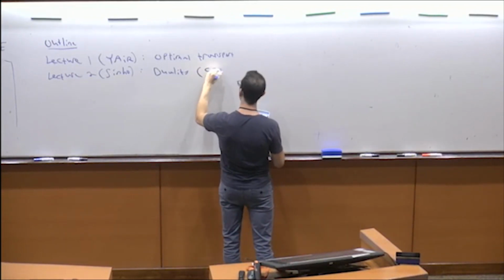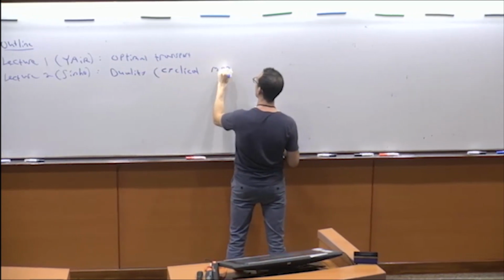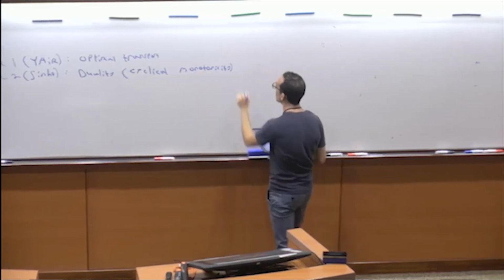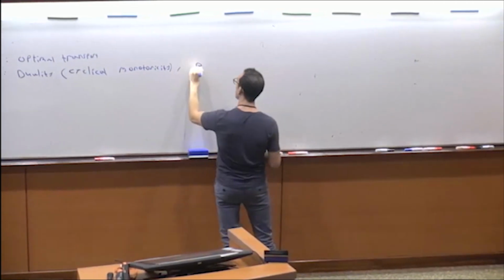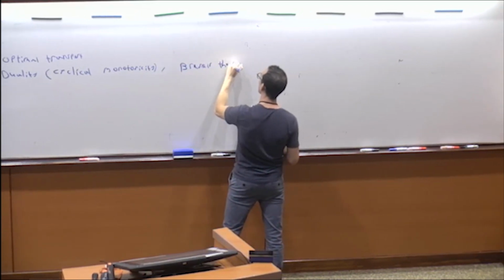So there are different ways of doing duality. Sinho will use a more geometric approach, which is called cyclical monotonicity, which is very important because it also helps you prove a very interesting theorem, which is called Brenier's theorem.